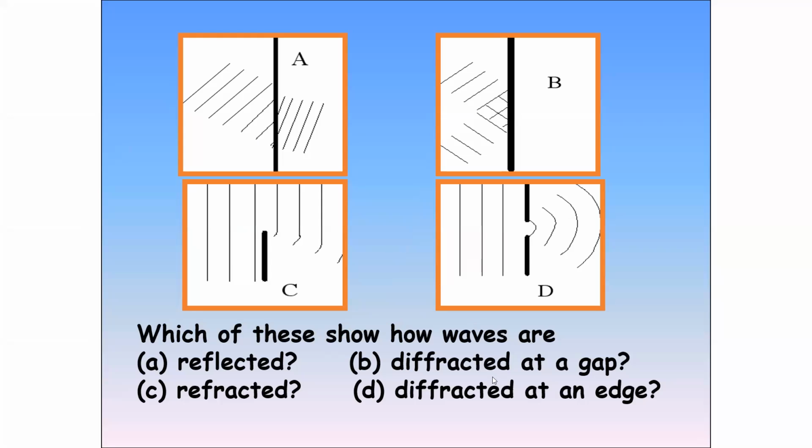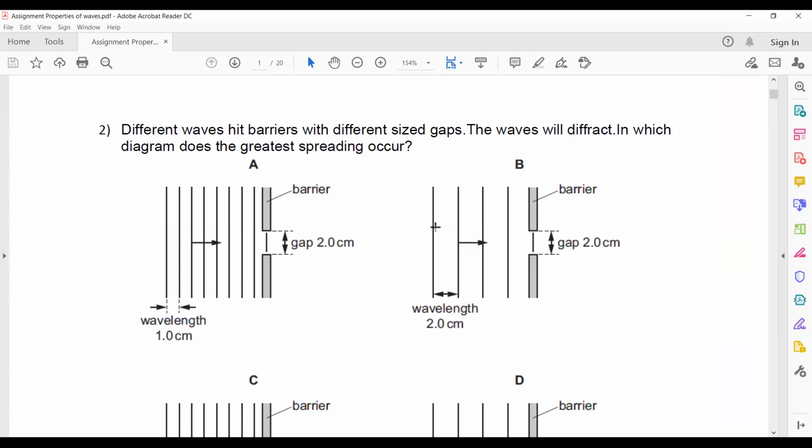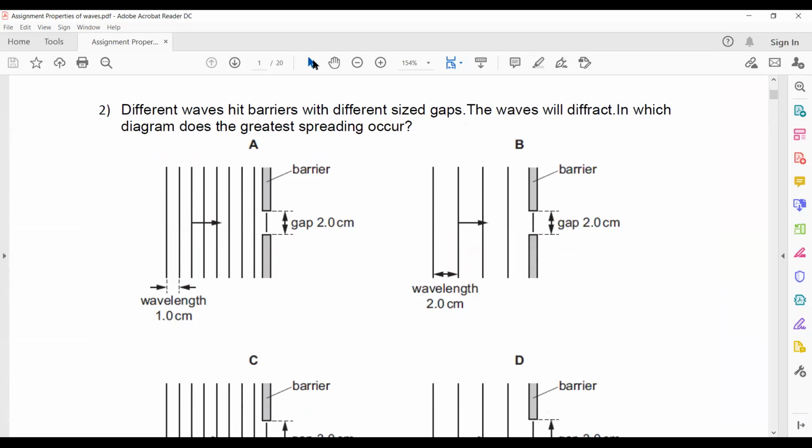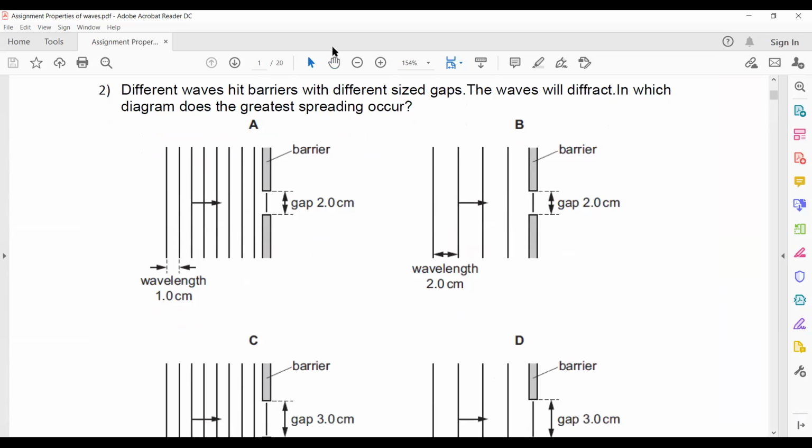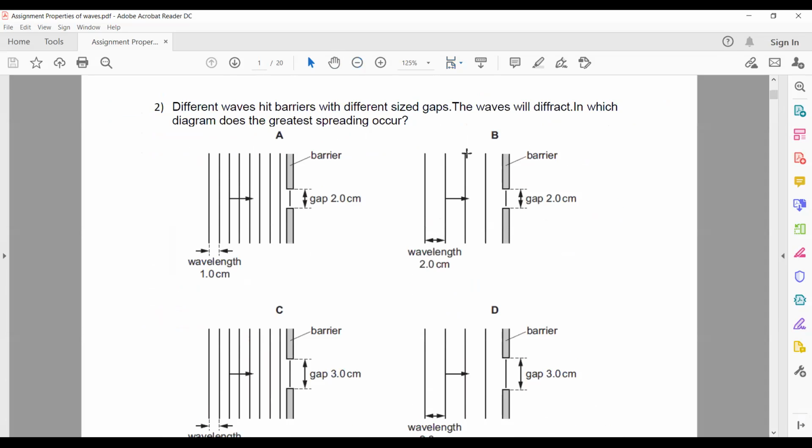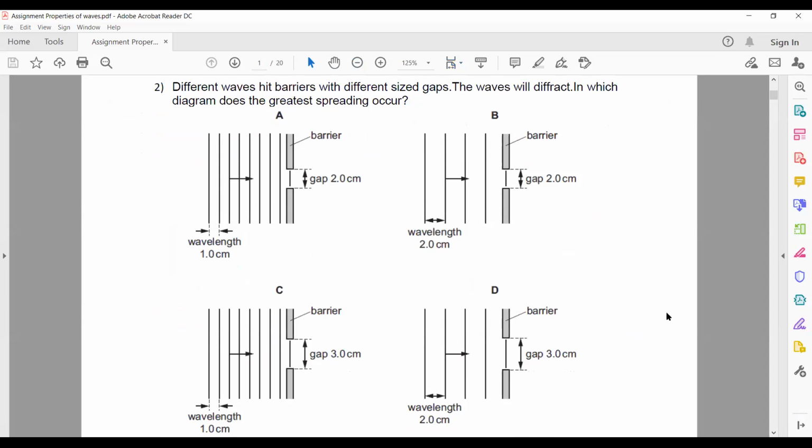More questions related to this topic. Different waves hit a barrier with different gap sizes.